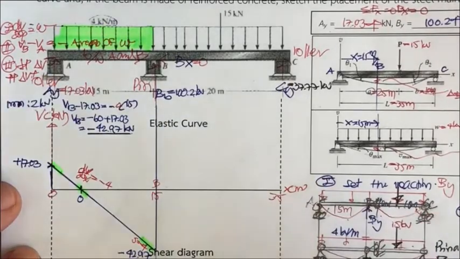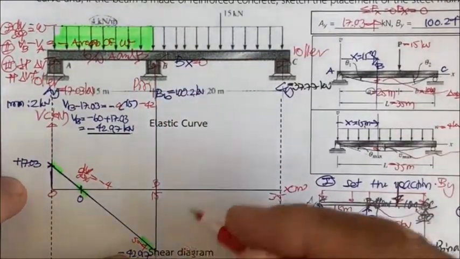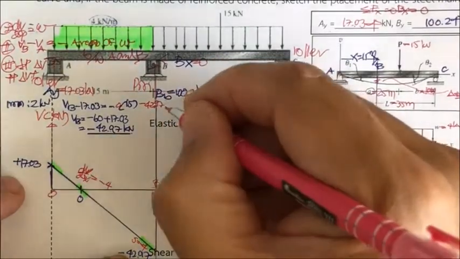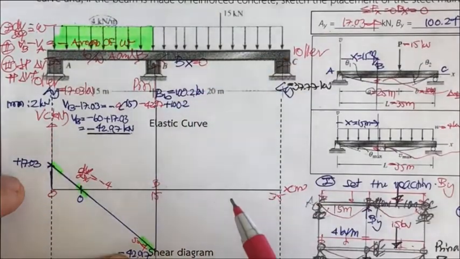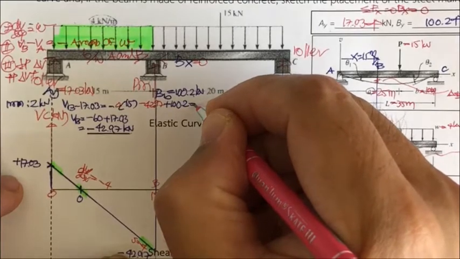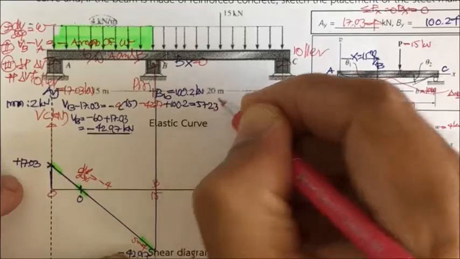Okay, up. And what we have here is minus 42.97. And then you go to plus 100.2. Okay, and you're going to arrive at this one with 57.23.